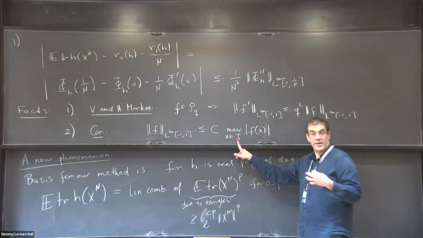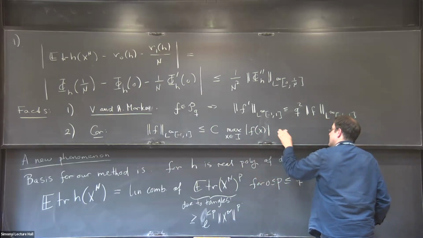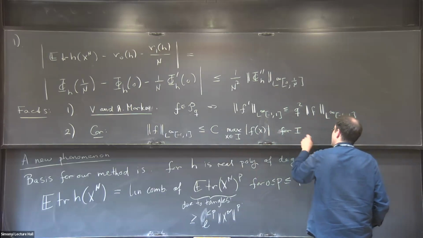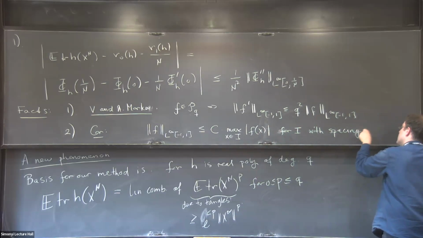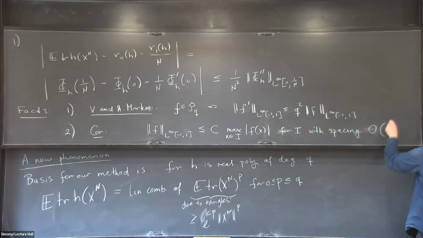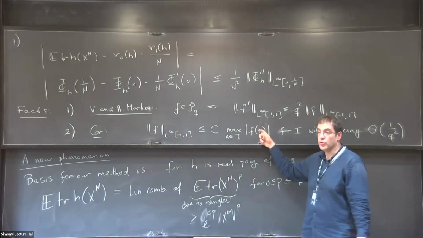Think of this as a discrete set, like the grid 1/n, as long as the spacing between the grid points is 1/q squared. If I take a polynomial of degree q and I sample it on a grid where the spacing between the grid points is at most some constant over q squared, then the maximum of the polynomial everywhere can be no larger than a constant times the maximum on the grid.